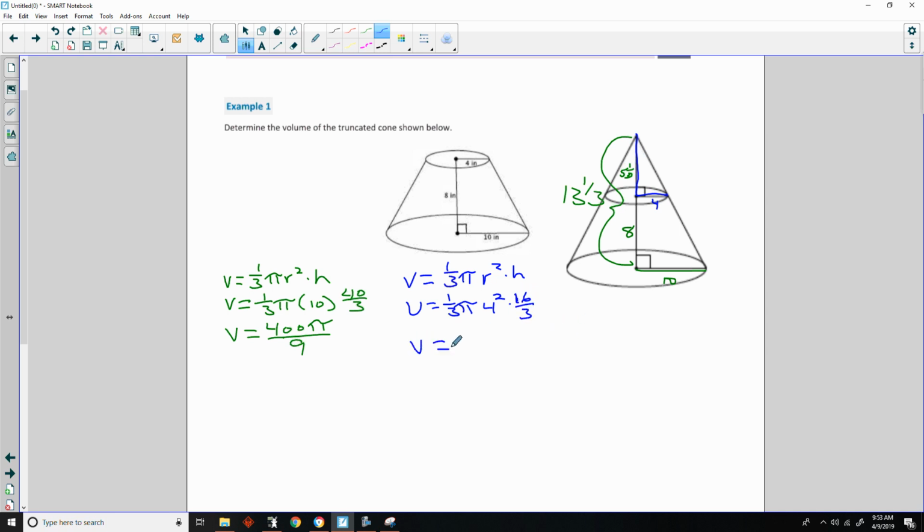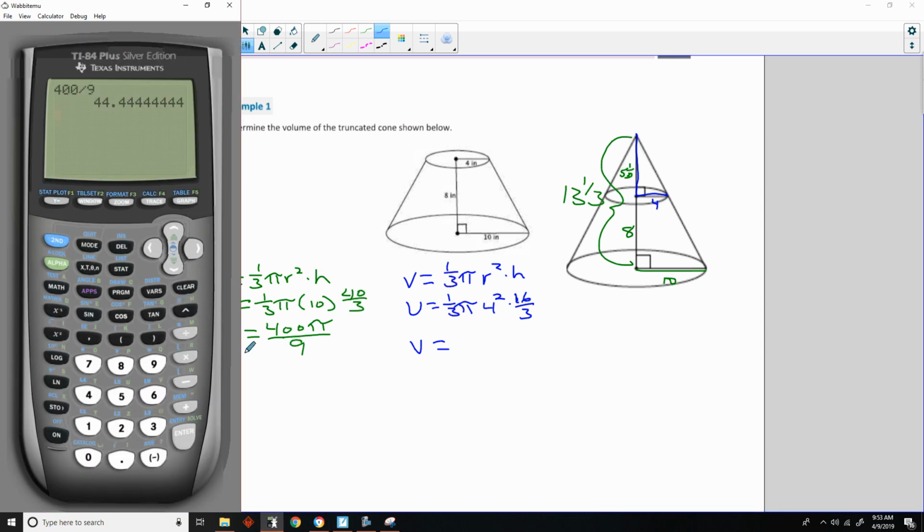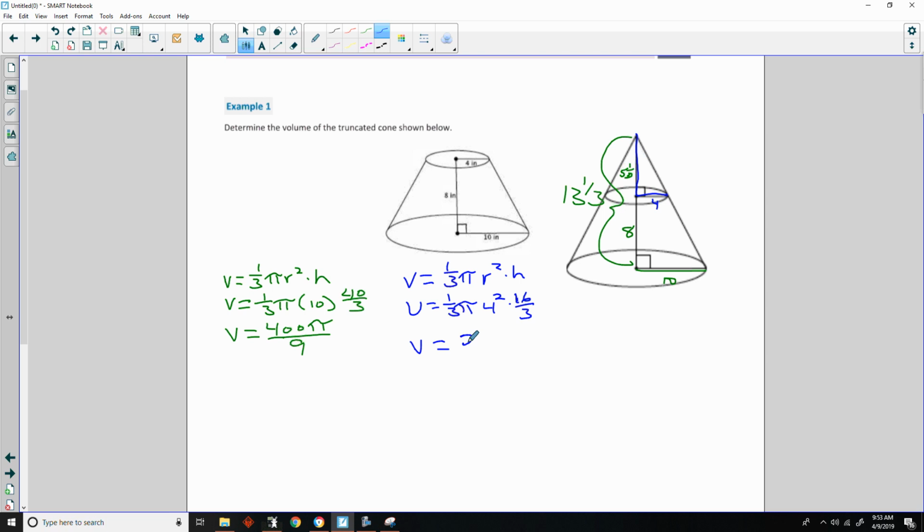Okay, so the volume equals 16 times 16 is 256 pi over 9. Okay, so what I want to do now is the volume of the large cone was 400 pi over 9.